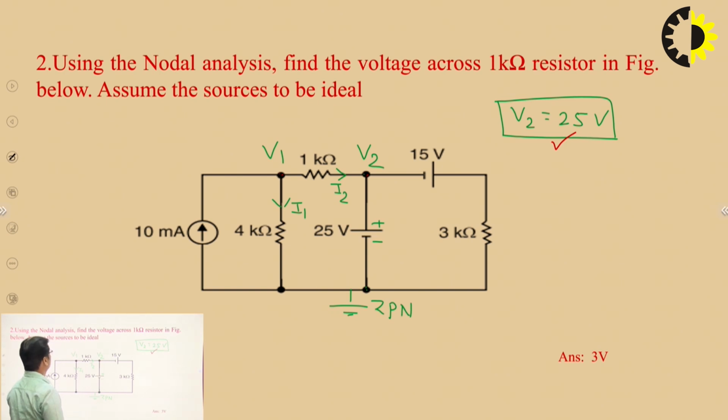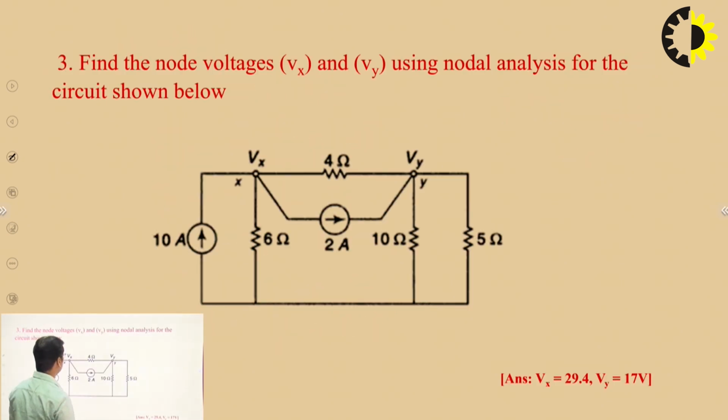So this one is the problem. Next problem is: find the node voltages Vx and Vy using nodal analysis for the circuit. Again in this problem we are given two nodes, Vx and Vy, and suppose the currents in the branches are I1, I2, I3, I4.